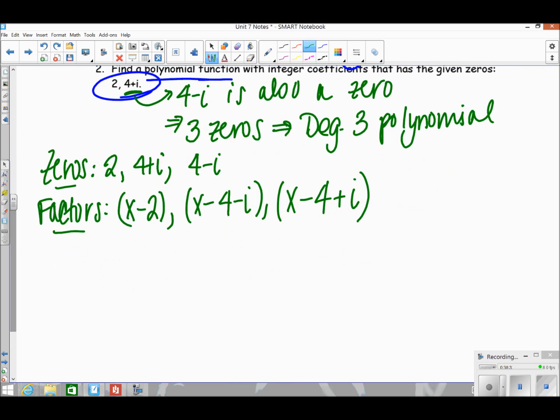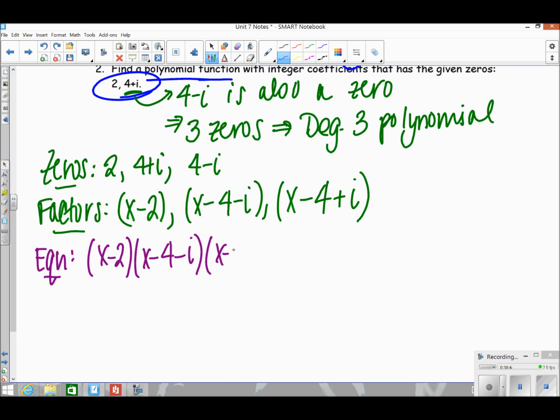So then when you go to write your equation, it's going to be x minus 2 times x minus 4 minus i times x minus 4 plus i. And what we're going to want to do is set this equal to 0, and we need to simplify it and get this in standard form.